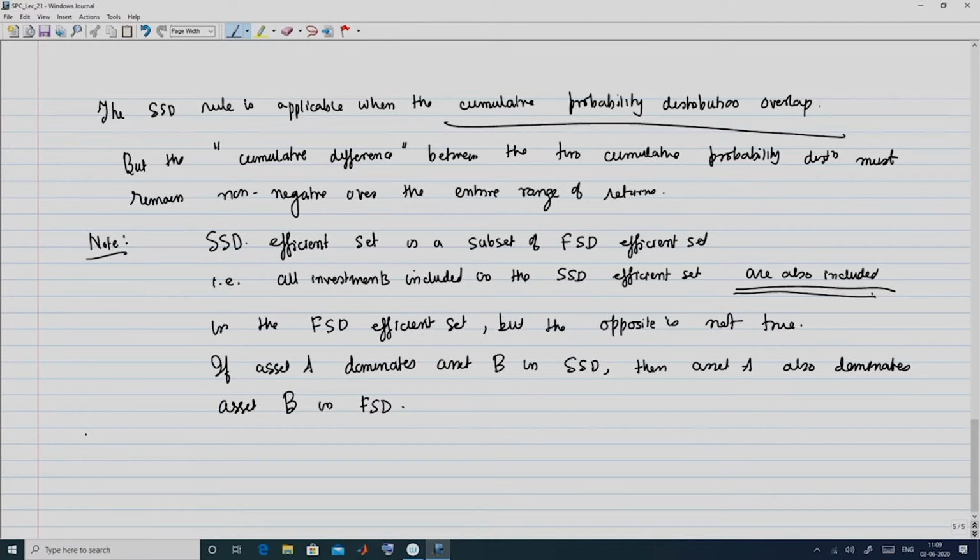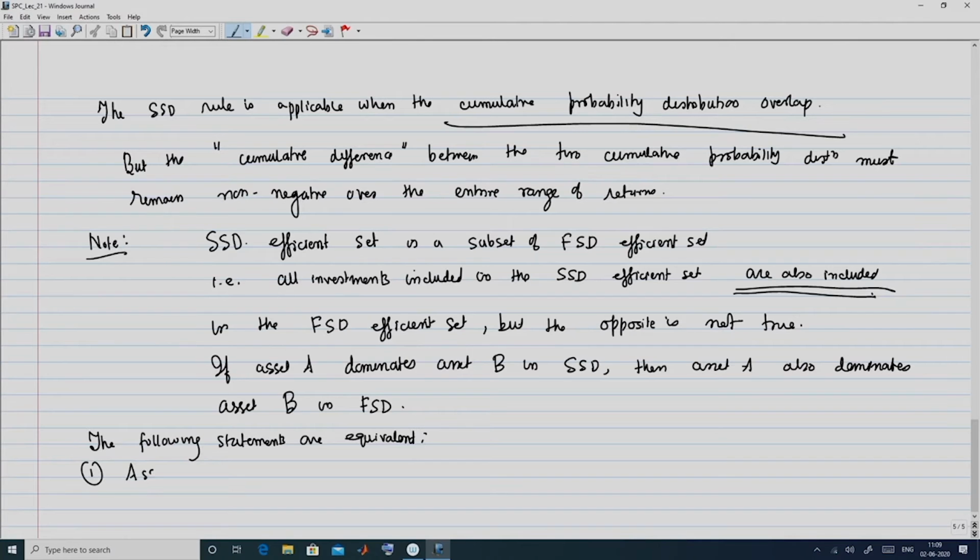Finally, we have the following statements, as we had in the case of FSD. The following statements are equivalent.